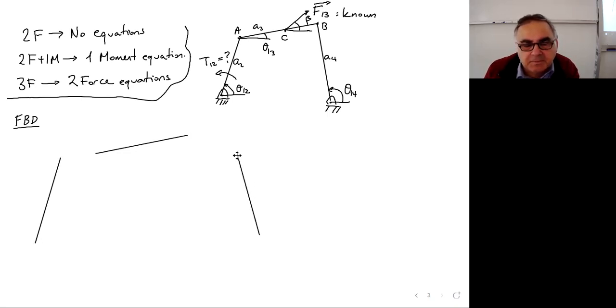Let's see. So what do we know? Well, we can start from the fourth link, I suppose. That's the easiest one. What do we know? Well, there are forces at both ends of this link, here and here. So what kind of link is this? It's a two-force member.